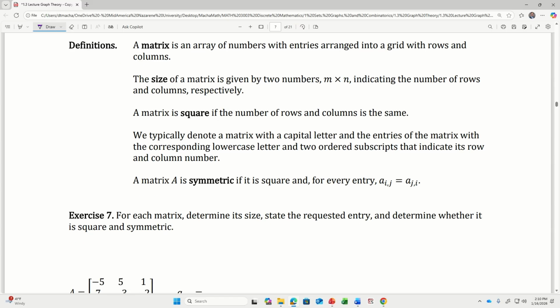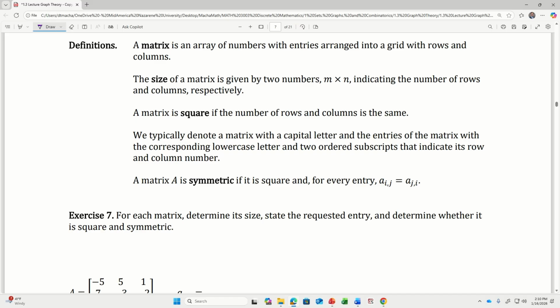Okay, so kind of switching gears just a little bit. If I say matrix, I'm talking about an array of numbers where the entries are arranged into a grid with rows and columns. The size of a matrix is always given by two numbers, the number of rows and the number of columns. We say a matrix is a square matrix if the number of rows and the number of columns is the same.